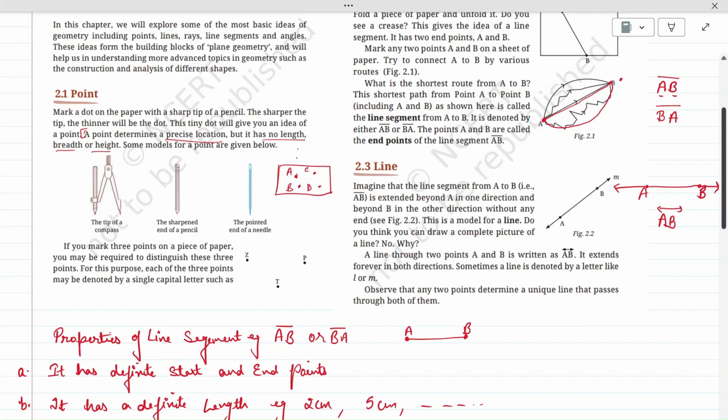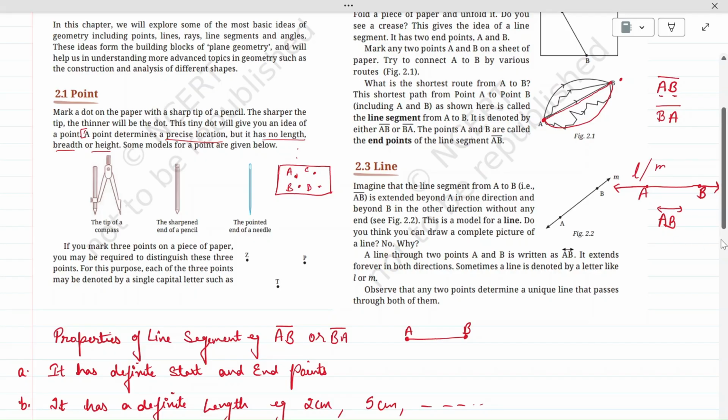It can be extended to infinity in both the directions. It has no start point, no end point, and no definite length. So we can also say that there is a line, and on that line we have 2 points A and B here. We generally denote lines with L or M, anything you can mark.